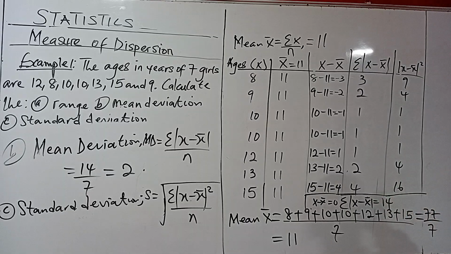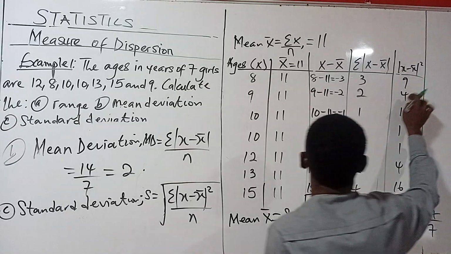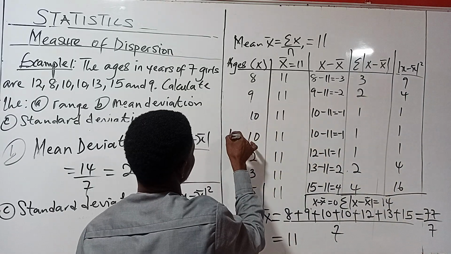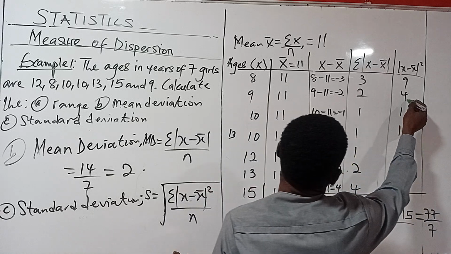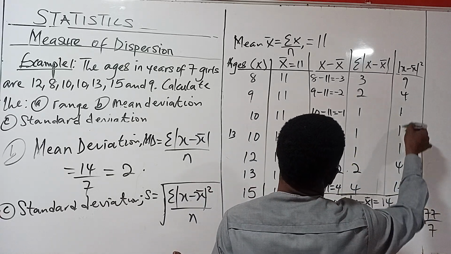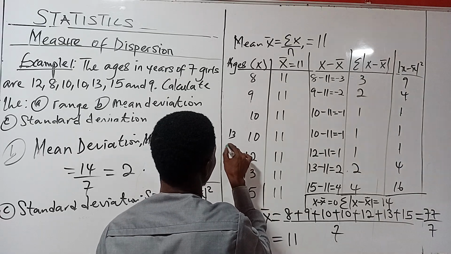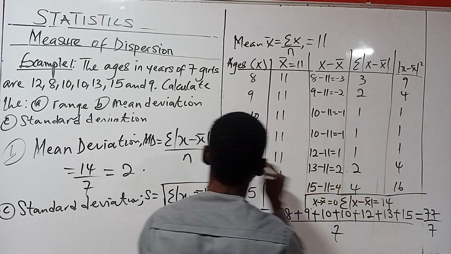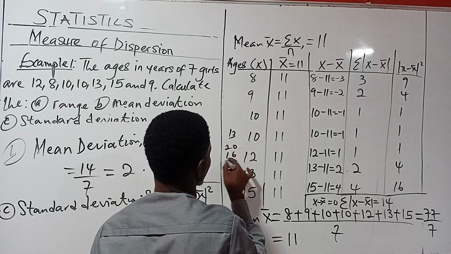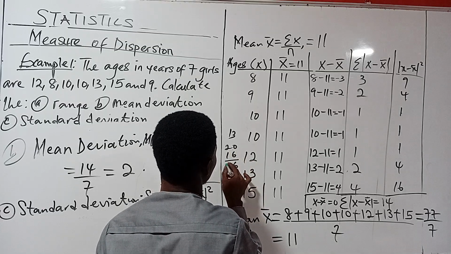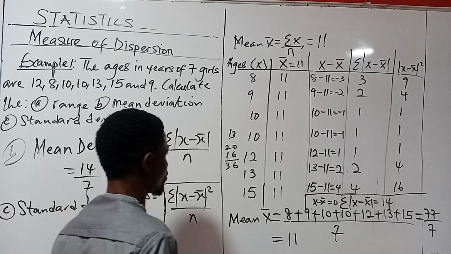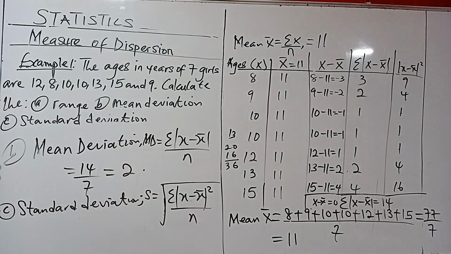So let's add everything together. 9 plus 4, that is 13. 13, 14, 15, 16. 16 plus 4, that is 20. 20 plus 16, we have 36.